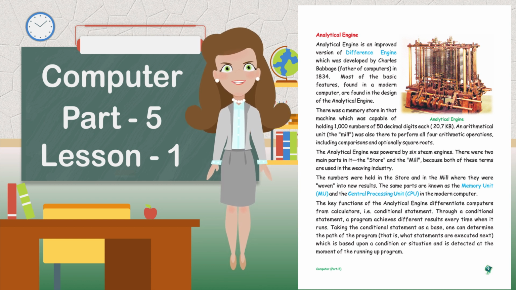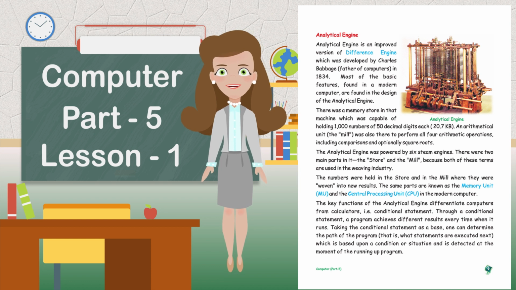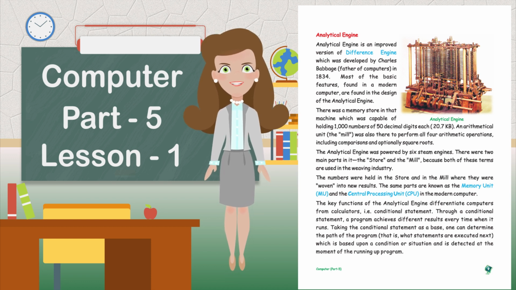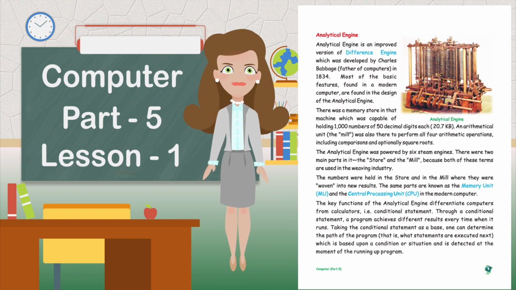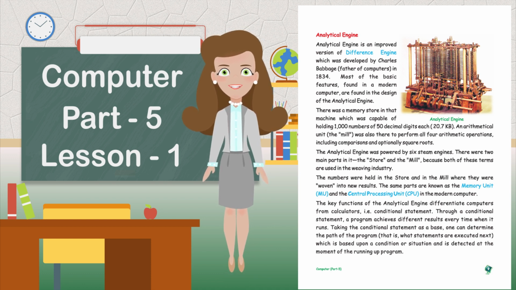20.7 KB. An arithmetical unit, the mill, was also there to perform all 4 arithmetic operations including comparisons and optionally square roots. The analytical engine was powered by 6 steam engines.